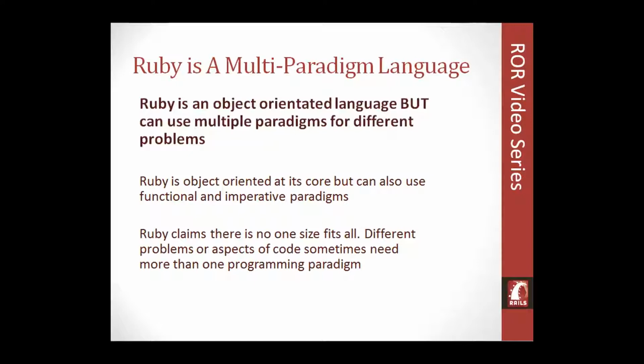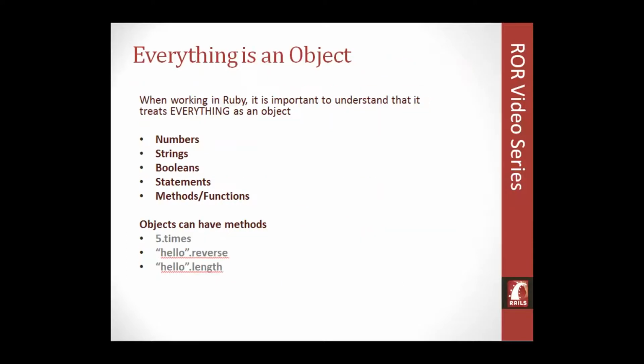So like I said, Ruby is a multi-paradigm language. It is an object-oriented language, but can utilize multiple types of paradigms for different problems. It can also be functional and imperative, if you know anything about different kinds of programming paradigms.